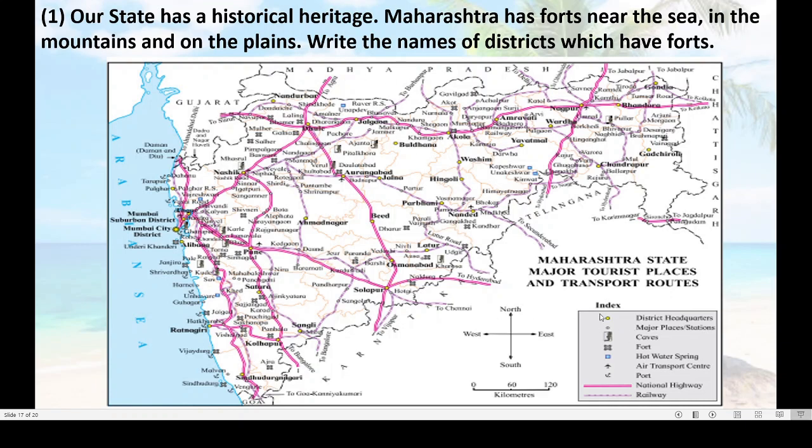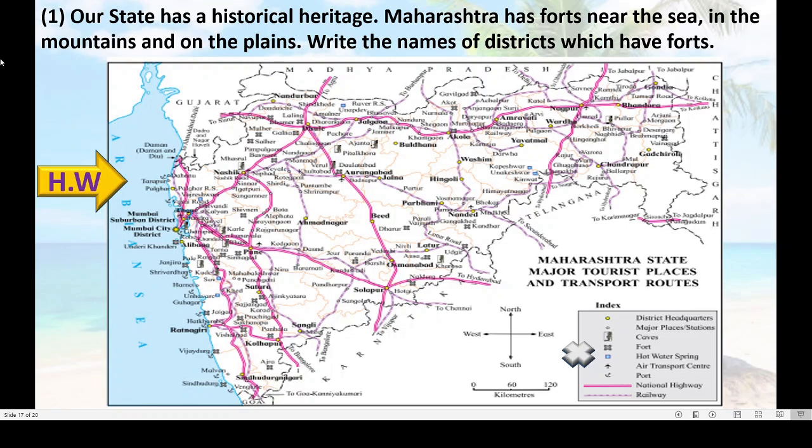And here in the index, go to index, here you can see the fort. This symbol is used for the fort, right? Can you see here? And these symbols you can see here, see this Shuniri, see this here. Can you see so many forts?